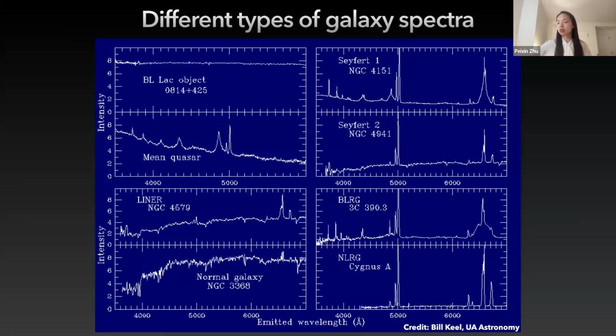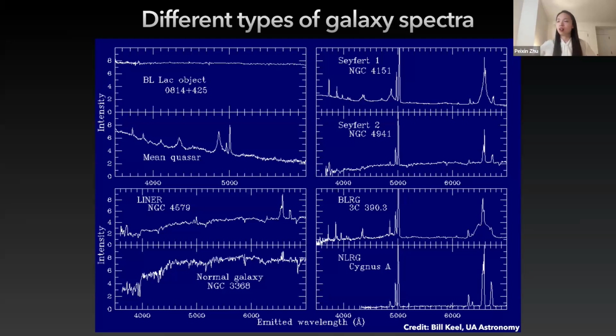You can see that the continuum has some shape plus some absorption lines, and basically no apparent emission lines. So if you find a galaxy has a spectrum like this, then it is not an active galaxy based on the current astronomy classifications. Then all the other seven panels are AGNs under certain criteria.